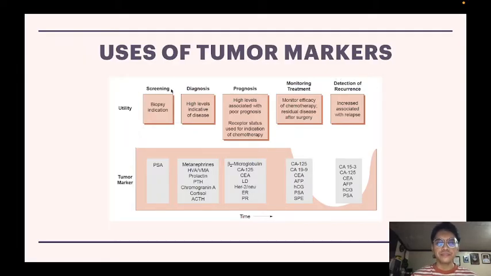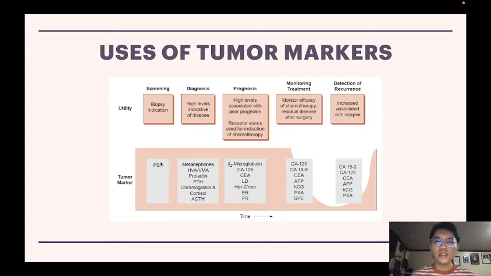So screening, when you say screening, di ba yung mga asymptomatic na individuals, yung mga walang manifestation ng cancer, gusto mo screen sila if they have cancer. So what can be used for screening actually is PSA or the prostate specific antigen. Kasi, di ba, when there is increased PSA, pwede mo siyang sabihin na baka there is prostate cancer kahit wala namang manifestations, di ba?